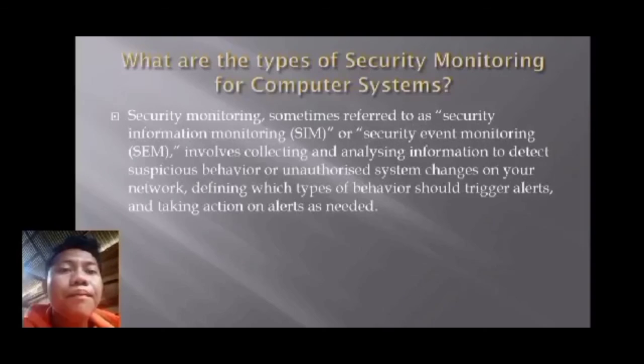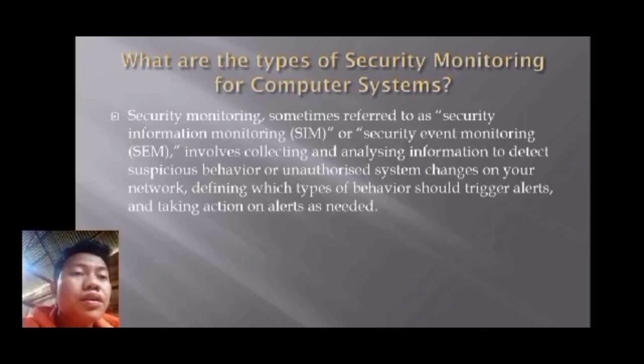vulnerabilities. What are the types of security monitoring for computer systems? Security monitoring, sometimes referred to as security information monitoring or SIM, or security event monitoring or SEM, involves collecting and analyzing information to detect suspicious behavior or unauthorized system changes on your network.